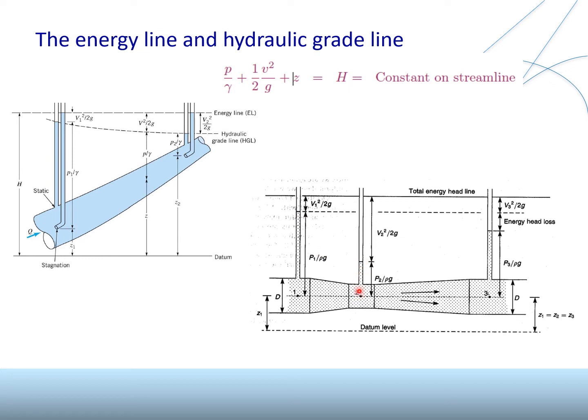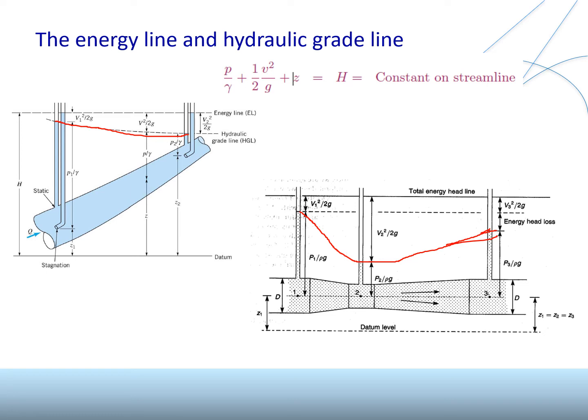So elevation head here plus pressure head here, and at this point here, right? If you draw a hydraulic line here, you'll see it like this, connecting to this point, and here again to this point, right? So this is called the hydraulic grade line.